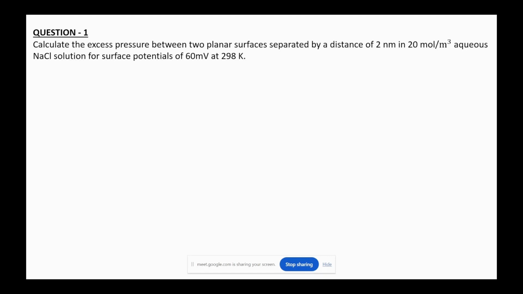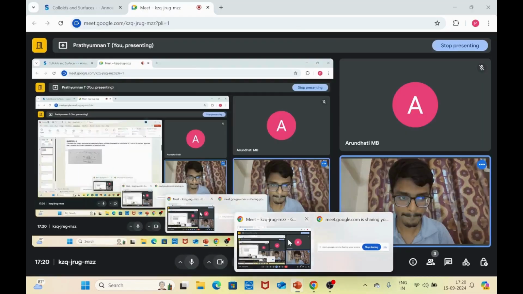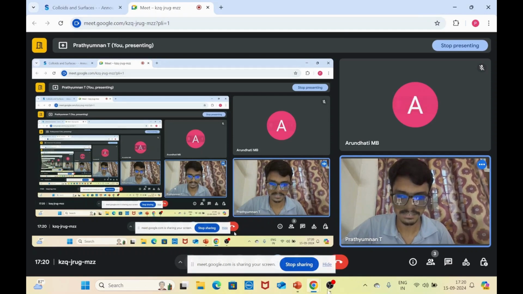So how do you think we should solve this? Any thoughts on solving this? We have discussed this in the last week's live interaction session as well.